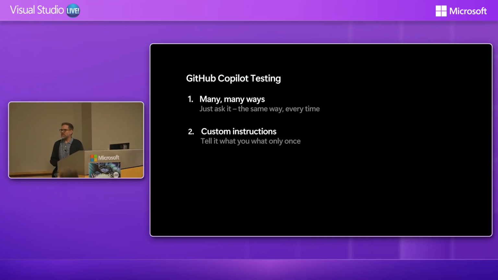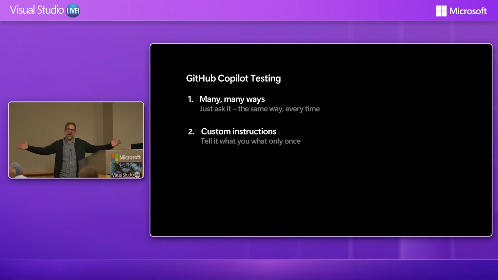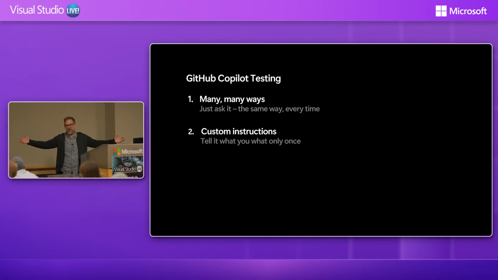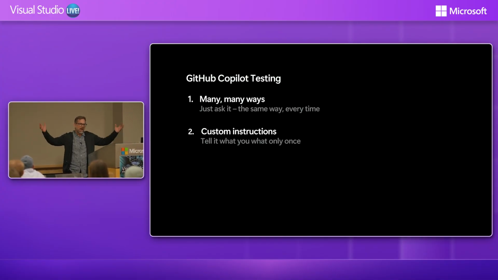Custom instructions is where you get to send Copilot extra instructions to tailor what you want the AI responses to do. Normally, you get the whole world. You're saying, all right, Copilot, take everything you know and bring it back.